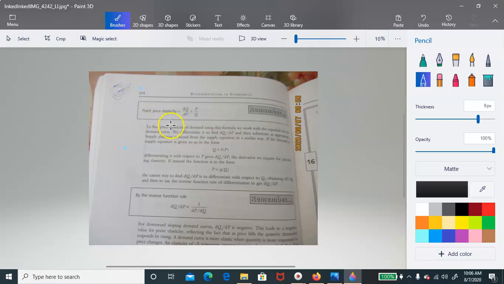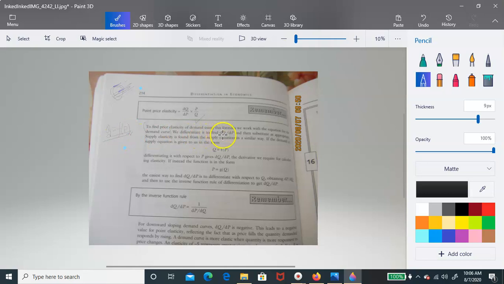Point elasticity, as we have discussed, is this one from last class. To find price elasticity of demand using the formula, we work with the equation for the demand curve. Here Q is a function of price P. This is the demand equation, the demand curve.